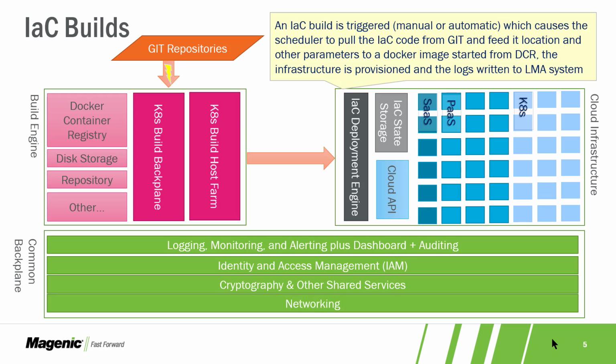But essentially, the components are the same as our bootstrapping components, except this time when our Docker container image runs, it's going to be issuing commands against the cloud API, the IaC engine API, and so on.